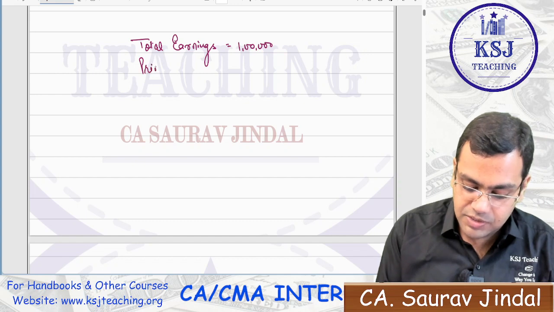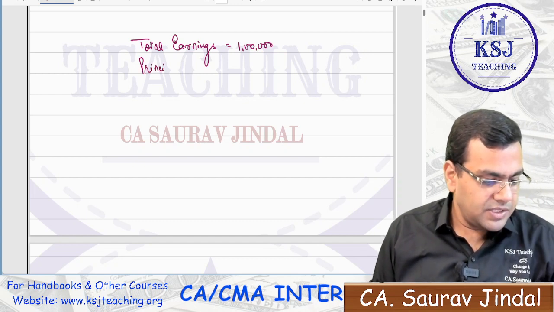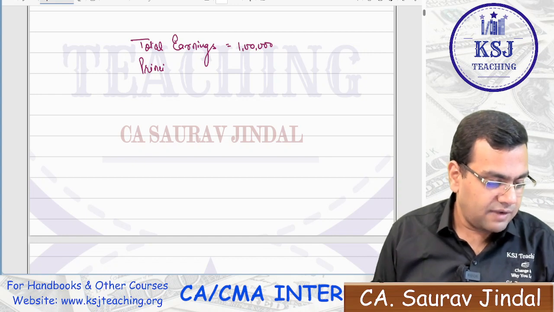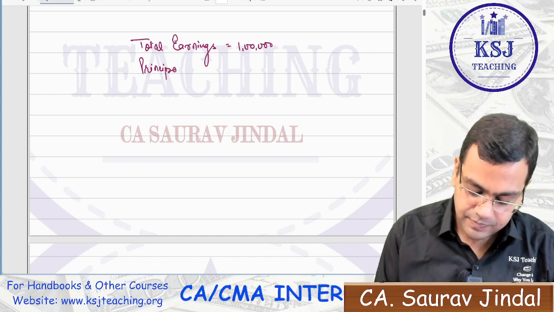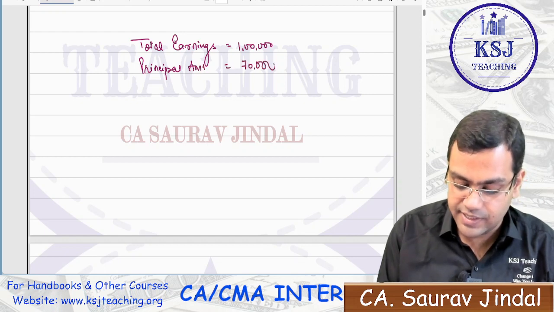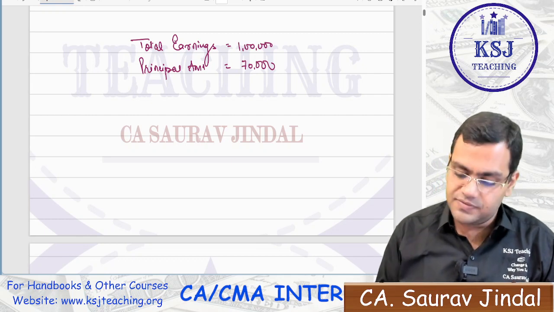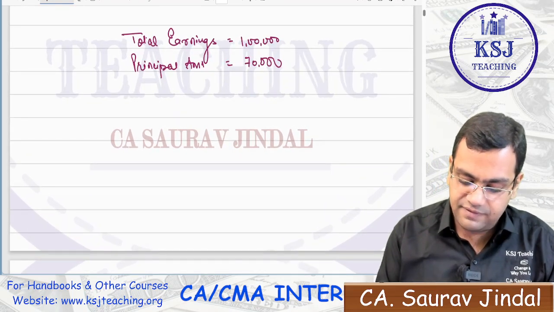And the principal amount that you have to pay is, let's say, 70,000 rupees, right? So you are earning 1 lakh rupees. From those 1 lakh rupees, you will pay a principal amount of 70,000. What you will be left with is 30,000.